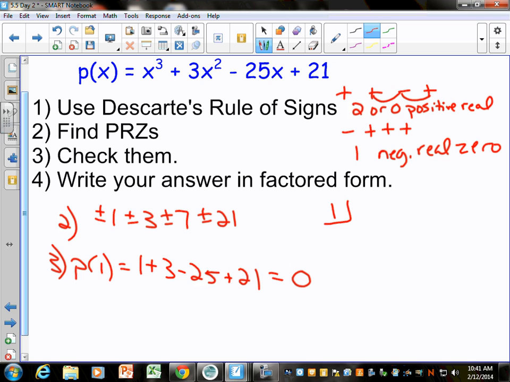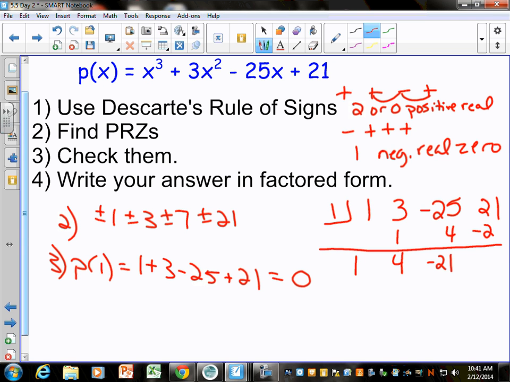So if I plug in my coefficients, 1, 3, negative 25, 21, look what's left over. I would be left with x squared plus 4x minus 21.